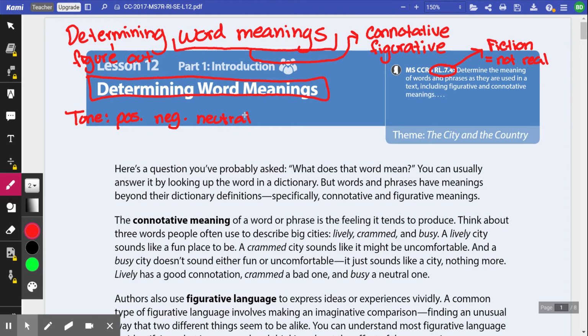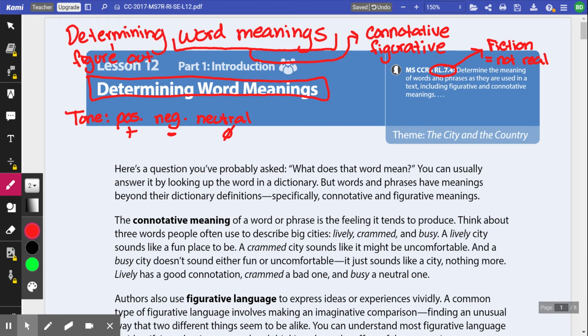And just to refresh, tone is how the author feels about the topic that they're writing about. They're going to let us know how they feel by using connotative and figurative words. They're going to have these feelings to back them up, and that's what we're going to try to figure out in this lesson. So let's go ahead and get started with our introduction.